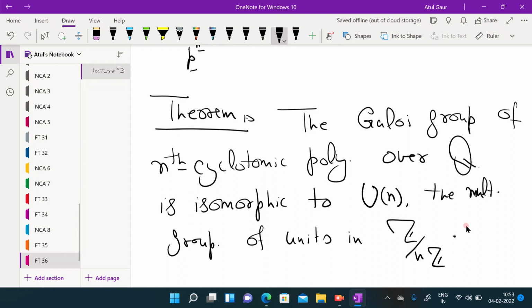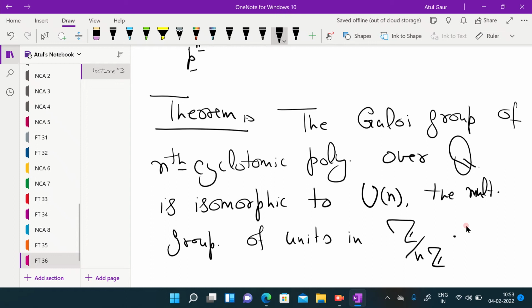So when I'm saying unit, I mean Z mod nZ is a ring, right? In a ring, an element is said to be a unit if it admits its multiplicative inverse. So you collect all the elements in the ring Z mod nZ who admit their multiplicative inverse in the ring itself. That's what I'm calling Un, the multiplicative group of units in Z mod nZ.